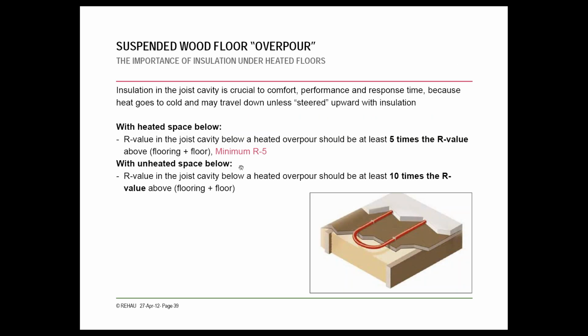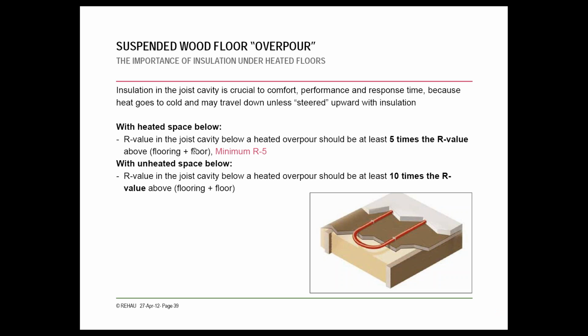Real quick, I'll stop on this just for 1 second because there was a similar question related to the R value for the insulation. Your minimum R value is going to be a function of the code. But the best rule of thumb for a suspended wood floor is to put a minimum of R5 underneath on the bottom, but it should be 5 times the R value of the floor covering above it.